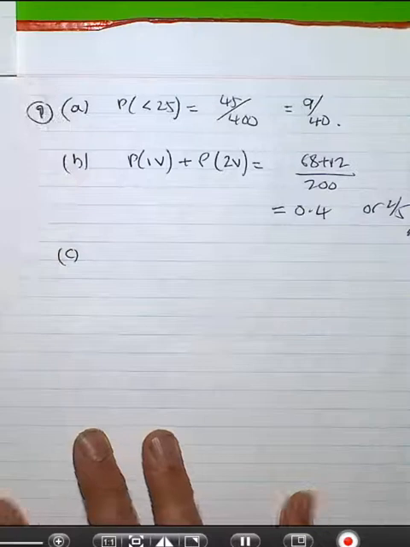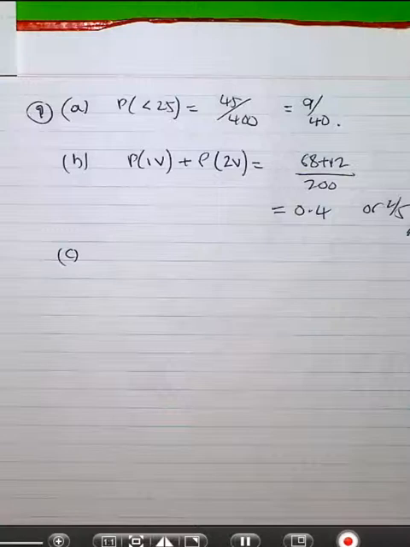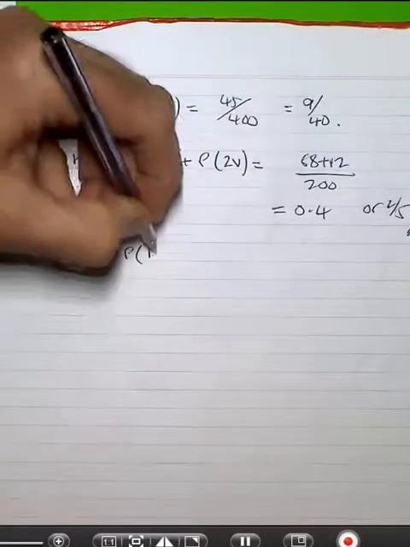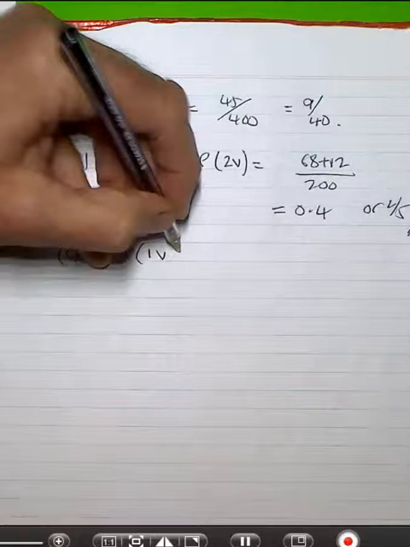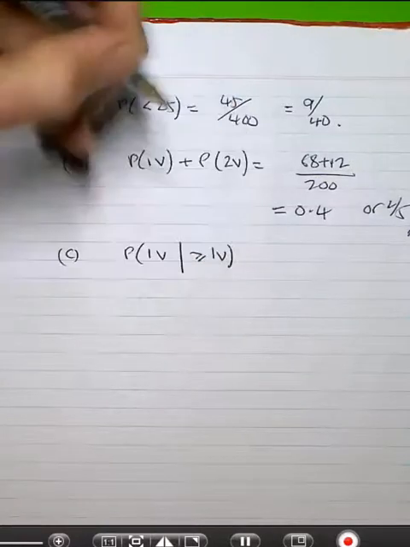Now in C, you're asked to find out the following. Given the person's had one traffic violation, he or she has only had one. So probability of one violation given there's greater than or equal to one violation.